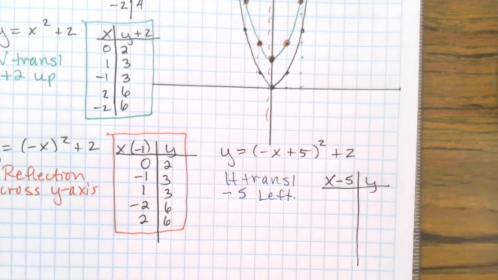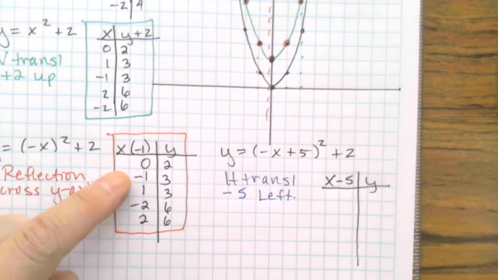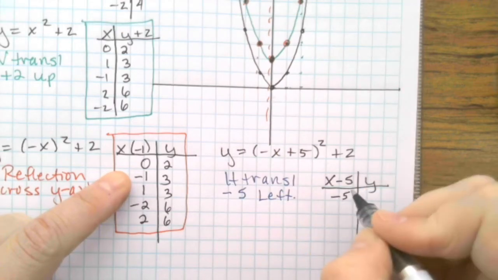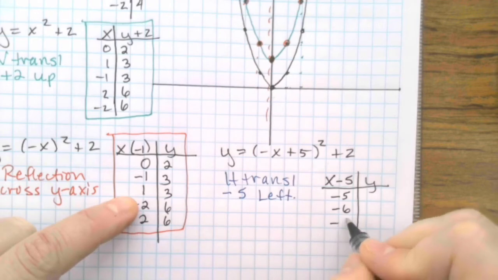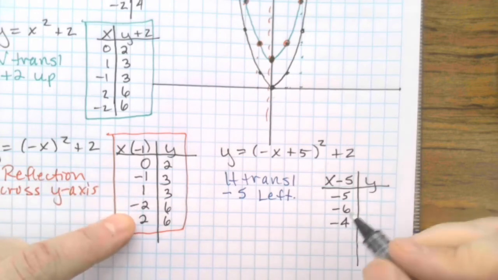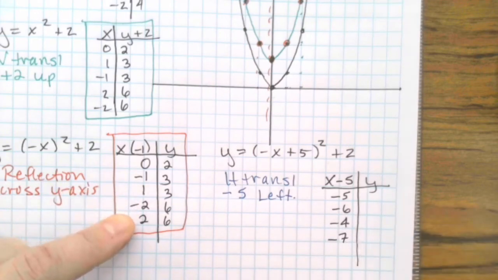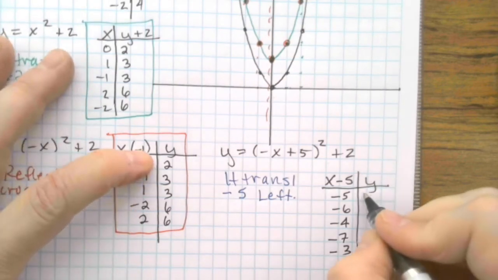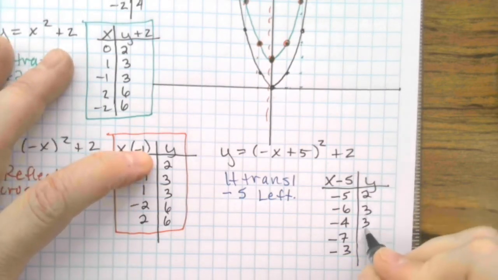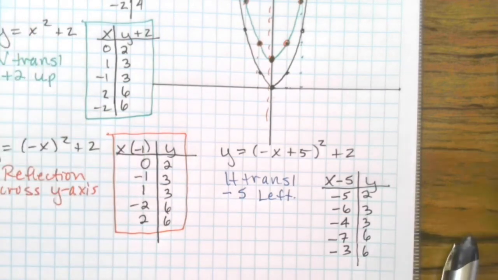The y values will stay the same. So 0 minus 5 is -5. -1 minus 5 is -6. 1 minus 5 is -4. -2 minus 5 is -7. And 2 minus 5 is -3. The y's are the same, 2, 3, 3, 6, 6.